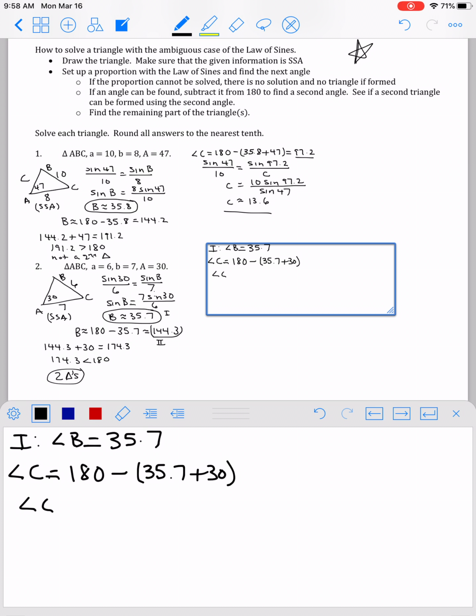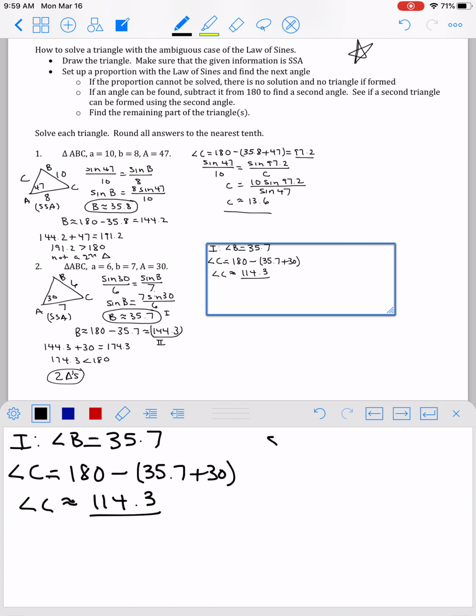So angle C is approximately 114.3. Okay, so we found angle C, and now we need to find the missing side c.